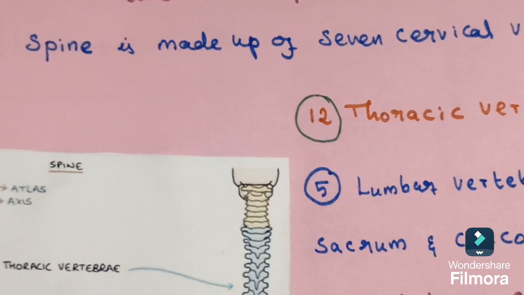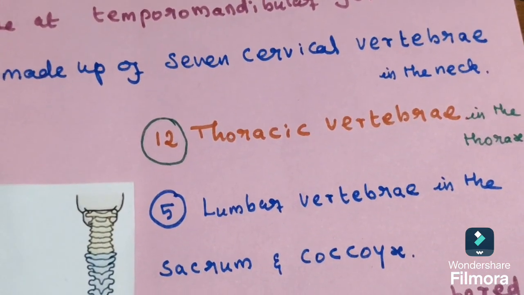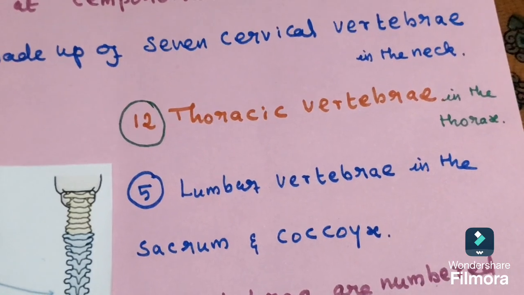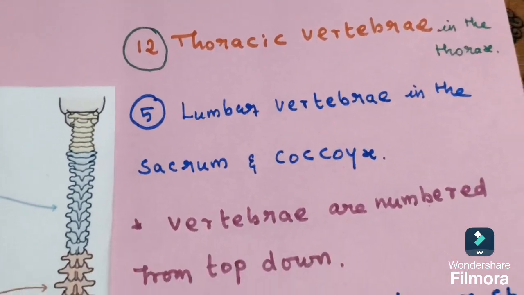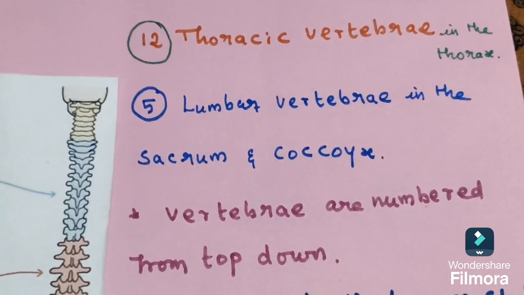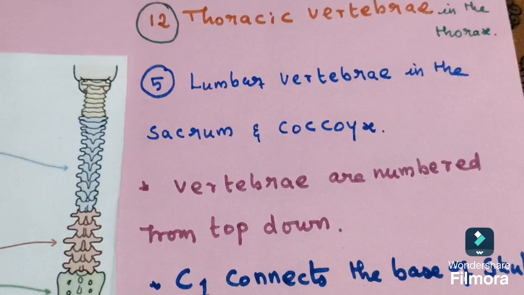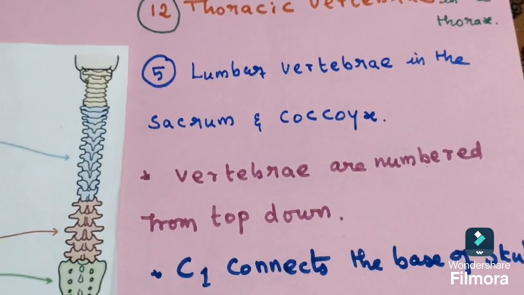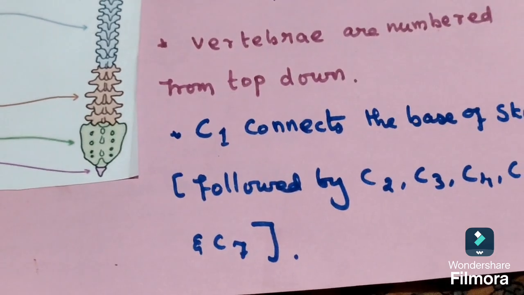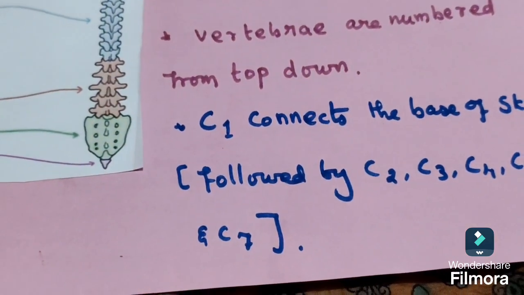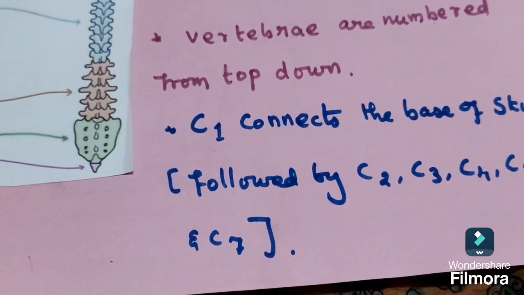The spine is made up of 7 cervical vertebrae in the neck, 12 thoracic vertebrae in the thorax, 5 lumbar vertebrae, then the sacrum and the coccyx. Vertebrae are numbered from top down. C1 connects to the base of the skull.